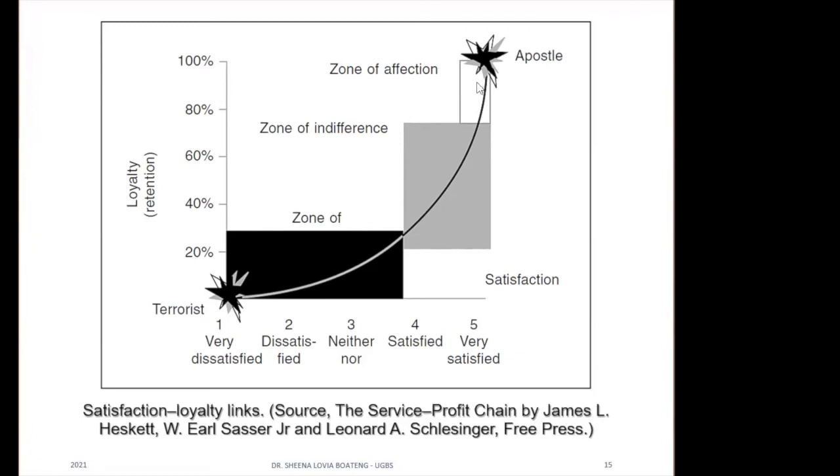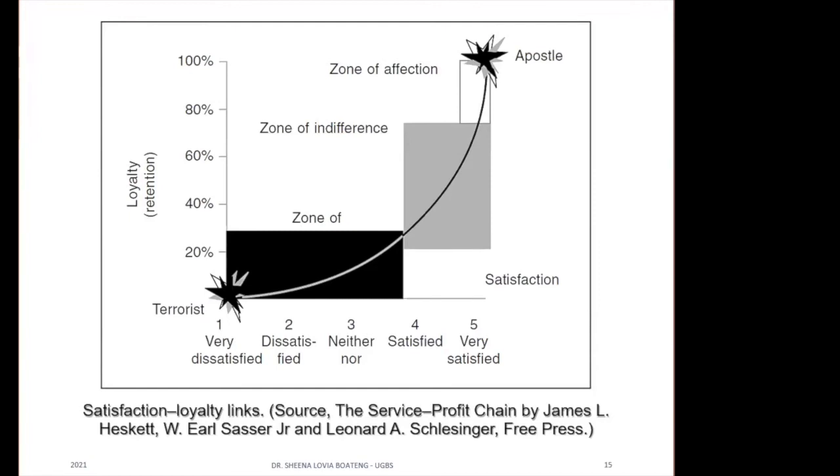And once they are deep in the zone of affection, they become apostles for your brand, meaning that they will talk about your brand everywhere, recommend it to everybody, advocate for your brand. If people are talking negative, they will be able to fight for your brand.